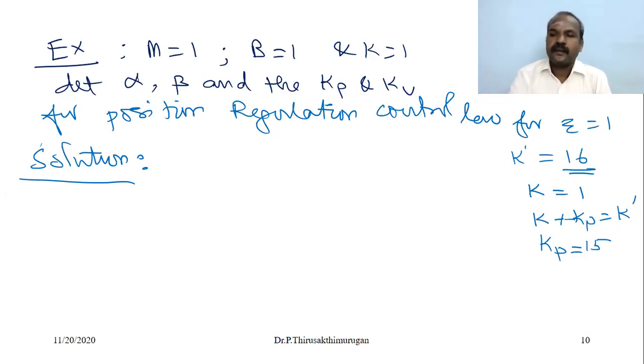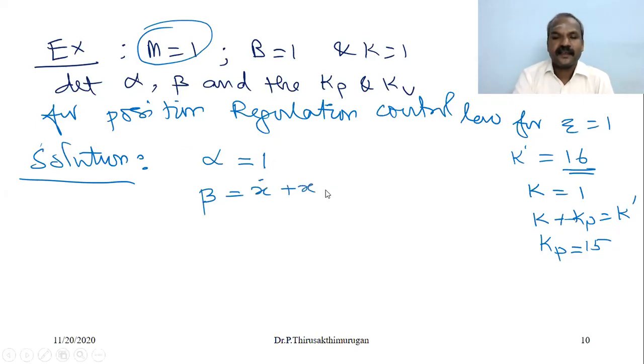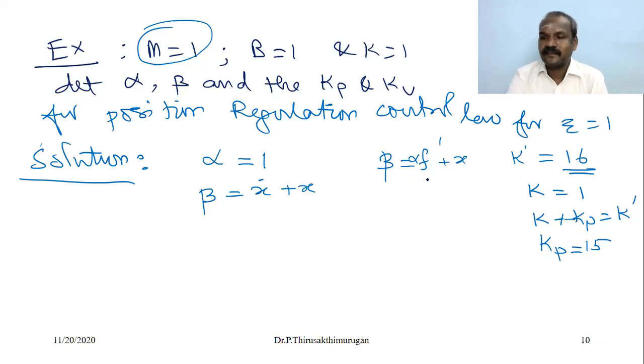Let us choose alpha. What is alpha? Can you tell me? What is m? M is 1, so alpha is 1. So what is beta? Beta equals f dash alpha plus x. Alpha is 1, so simply f dash, which is x dot.